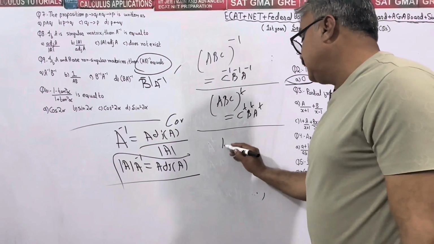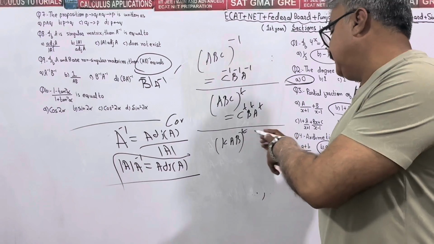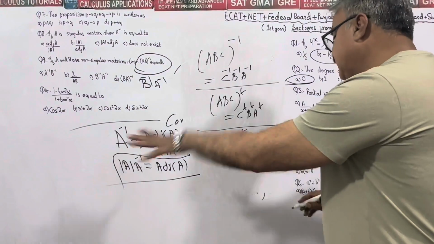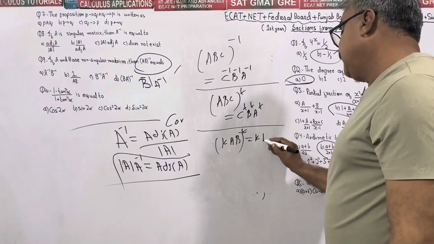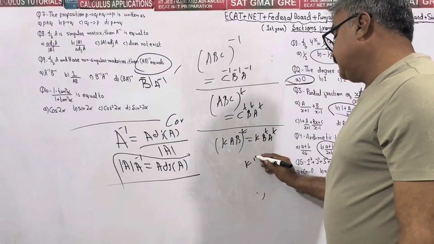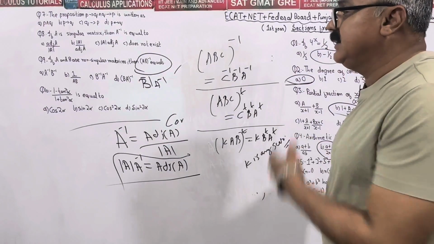Mostly students get confused when K is a scalar, any real number. A real number has nothing to do with transpose. Then it is given by K times B transpose times A transpose, where K is any scalar. Scalar means real number.